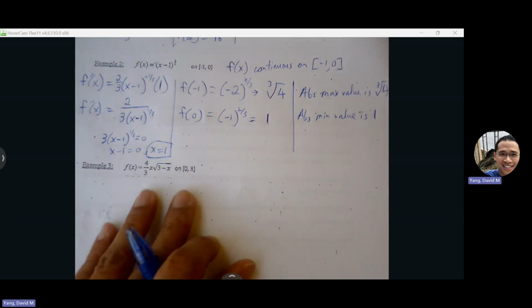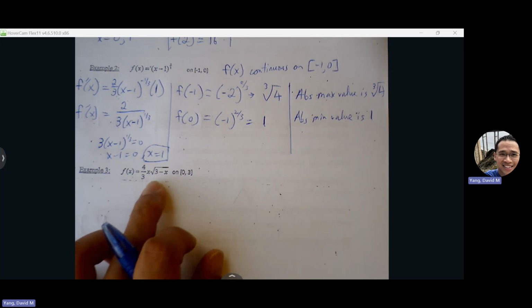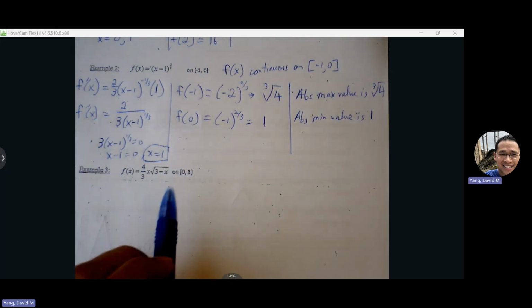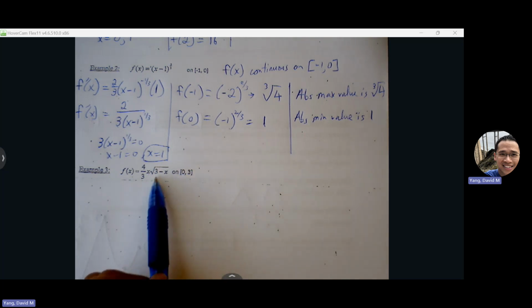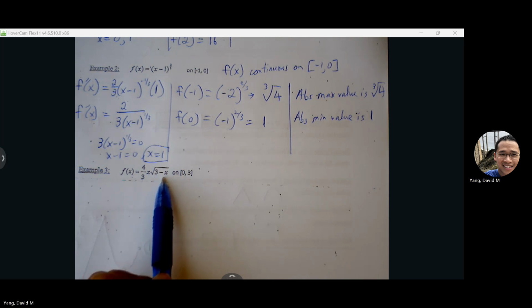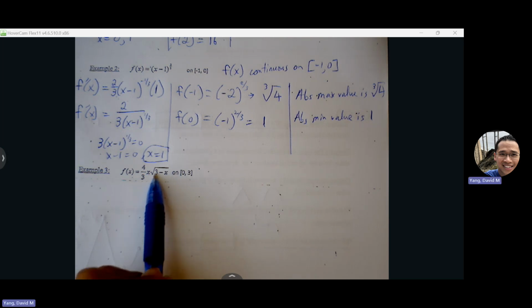All right, example 3. First things first, we will have to establish continuity. So from 0 to 3, now we see that if it's a square root, there is a natural restriction, right? So here we know that anything where x is greater than 3 is going to cause a negative inside the square root.